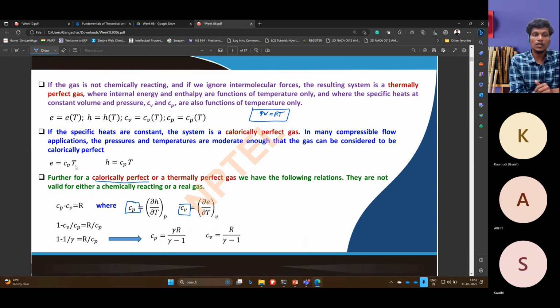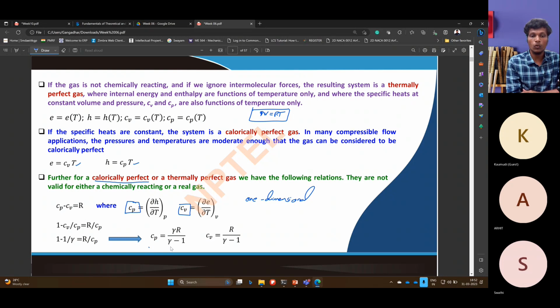We also know that internal energy is a function of temperature, and enthalpy is also a function of temperature. So we need to deal with internal energy and enthalpy here, so that we can frame the entire concepts of one-dimensional flow. You should also remember that whatever we are dealing with is only one-dimensional.